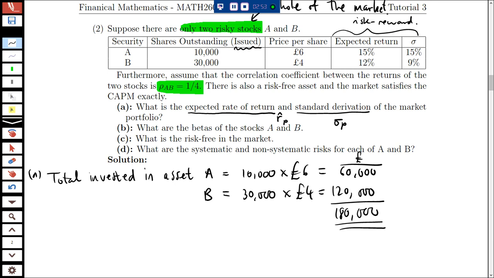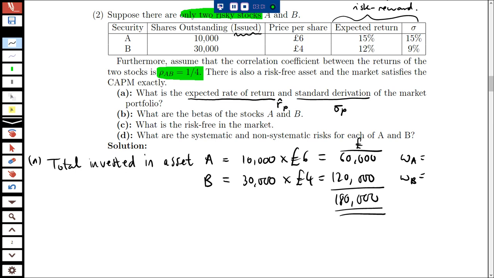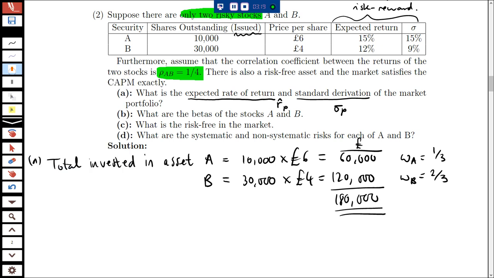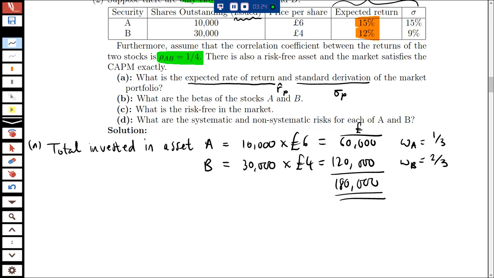From this, we can see that the weight of A is 60 out of the 180, which is 1/3, and the amount invested in B must be 2/3. So we've got the weights, and we can see the expected return on the individual assets here. We can put all this together to calculate the expected return on the portfolio.